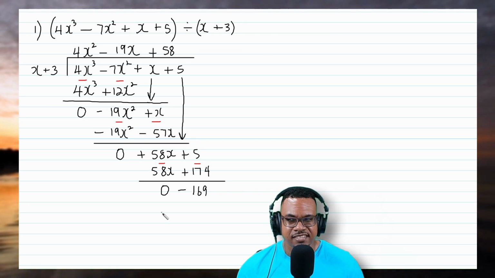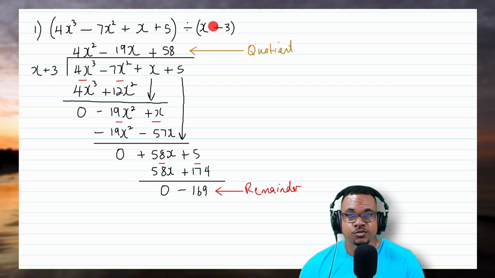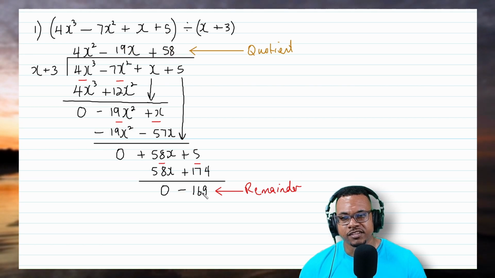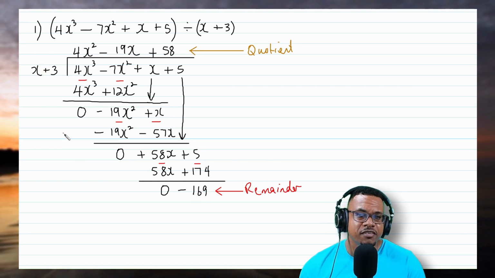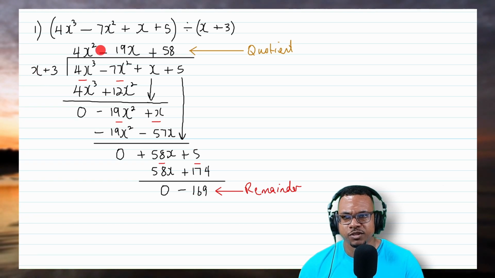Alright, so what does this translate into? So when you divide these two, we get a quotient of 4x squared take away 19x plus 58, and we get a remainder of negative 169. So remember, if you multiply your divisor times your quotient and add the remainder, you would get your dividend.